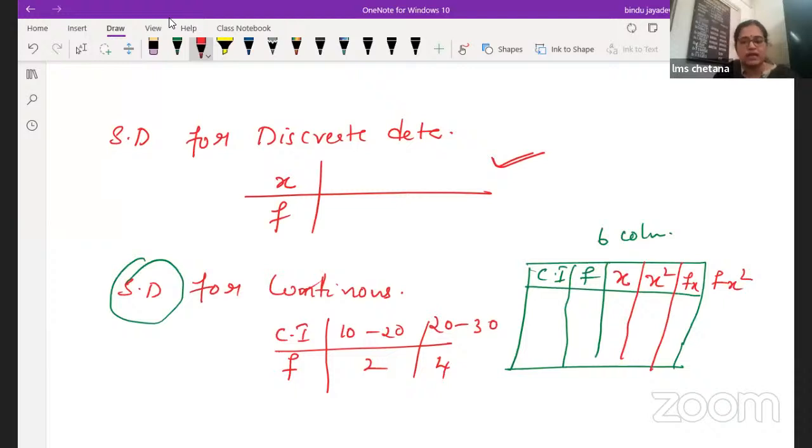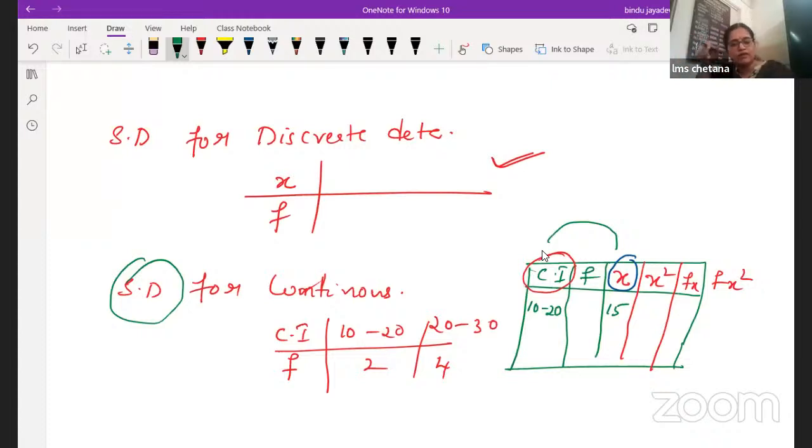So what is extra here? Because of the class interval, you have to find out what X is. Do you remember yesterday, for continuous data, I taught you already how to find X from the class interval midpoint? That means you write 10 to 20 here, the midpoint will come as 15, and continue as it is. Same way, there is no difference. Where does the difference come? For the table. For discrete data it is only 5 columns, and for continuous data it is 6 columns.